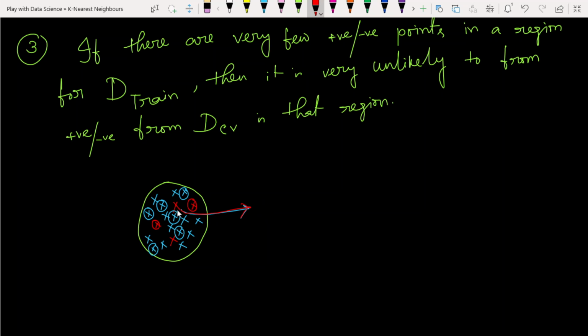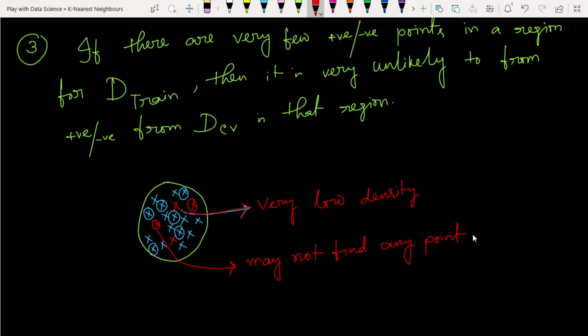So for this negative point, it is very low density. The same thing is also true for this point. It may occur here or may not be found. It may not find any point from the cross validation.